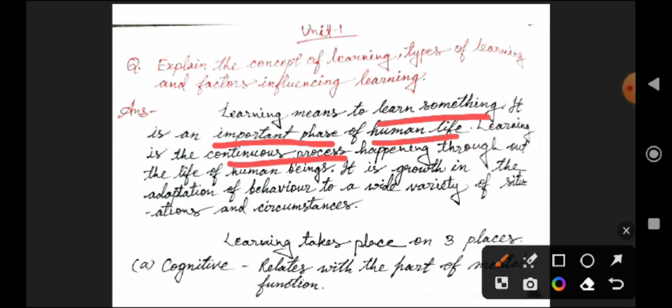So it is growth in the adaptation of behavior to a wide variety of situations and circumstances. So friends, it is a wide variety of situations and circumstances that we adapt in our behavior. First we learn things and after that we use it in our behavior. Yes or no?